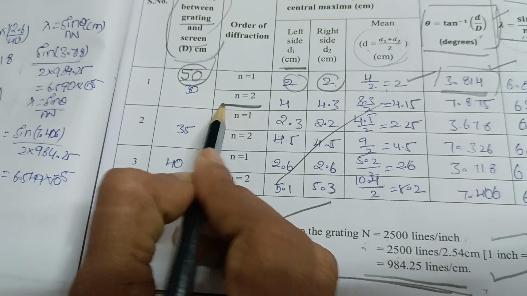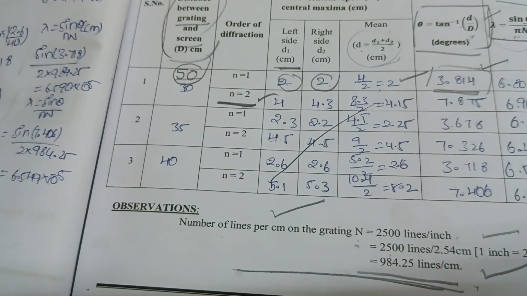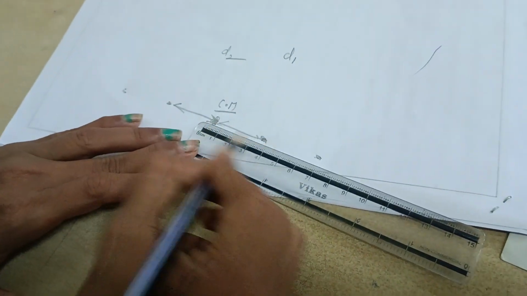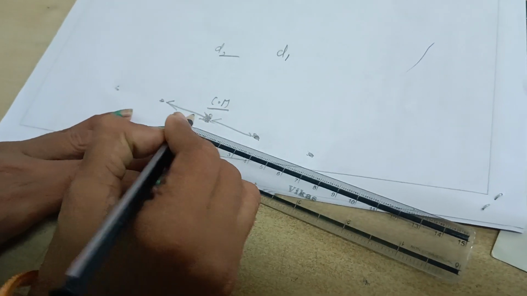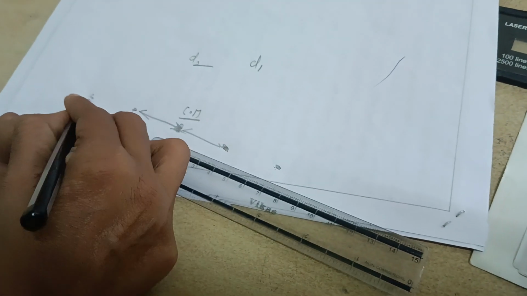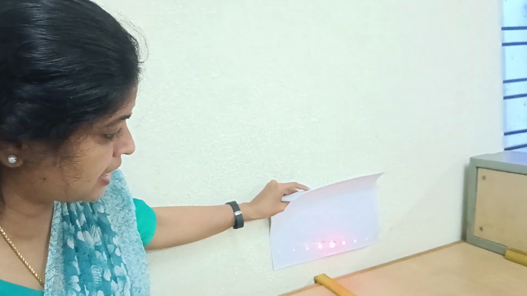Similarly, for second order, n equals 2. As already noted down in the previous session, we have central maxima, first order, second order from the diffraction pattern.